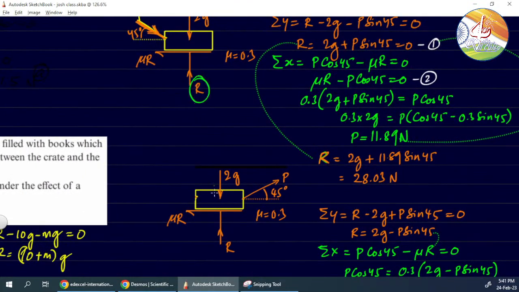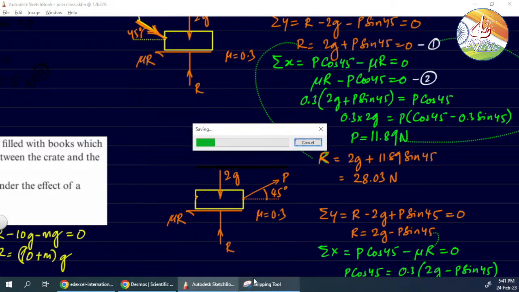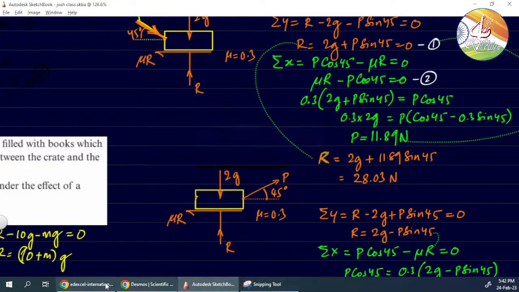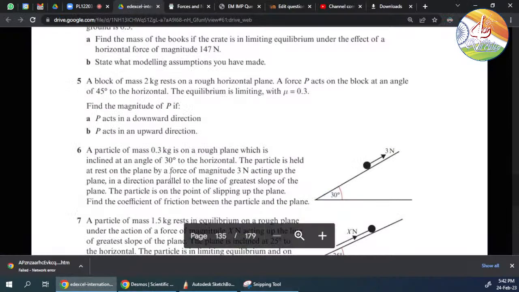If R is more, friction will be more. When you are pushing it downwards, R will increase. But when you are pulling it upwards, R will decrease. So as R decreases, friction will also be less. Hence, the required force will also be less. Clear? So that is the explanation.